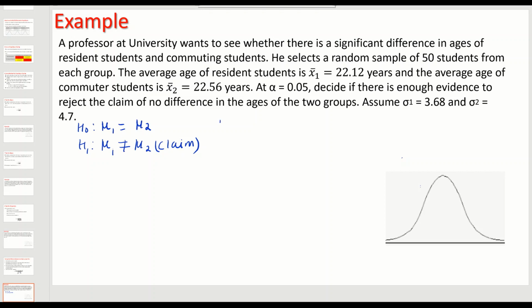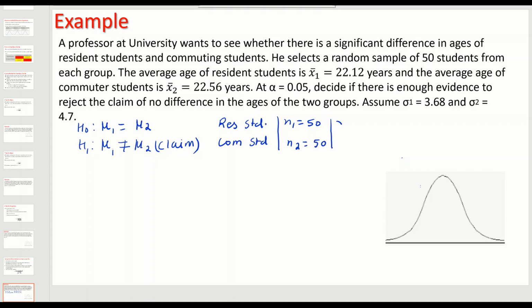Now let's see what information is given about the resident students and the commuting students. They have given a few pieces of information. Sample size is the same for both, so n1 is 50, n2 is 50.